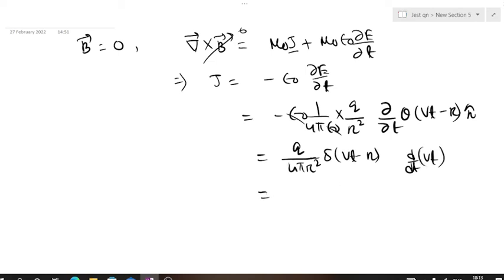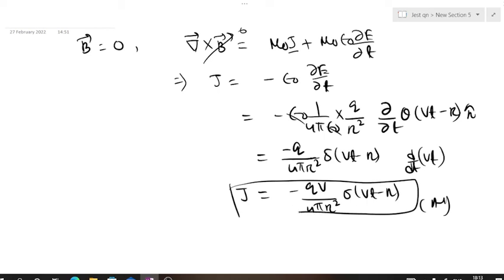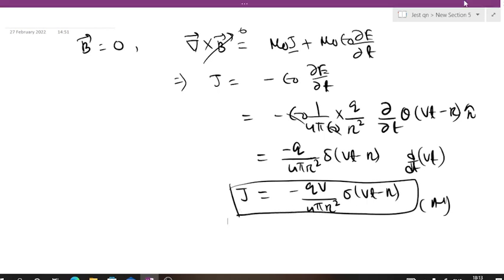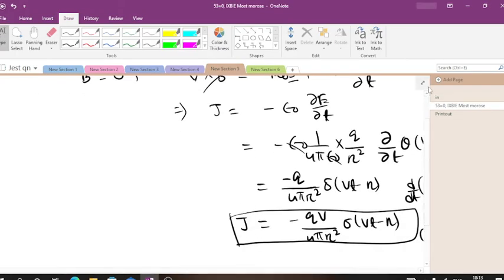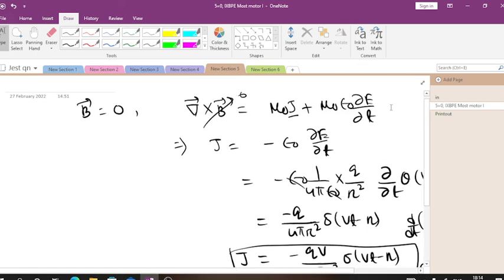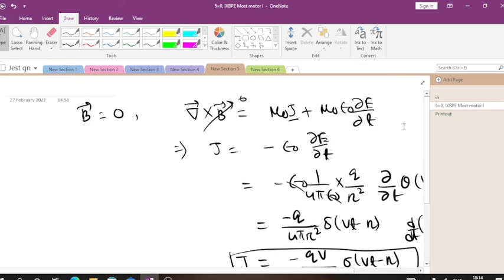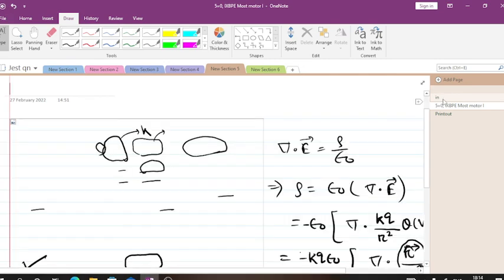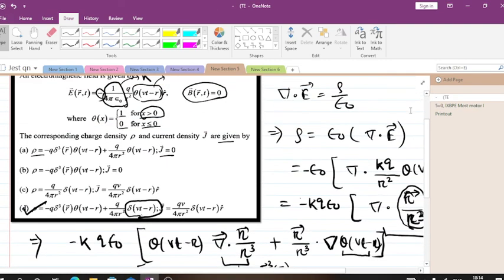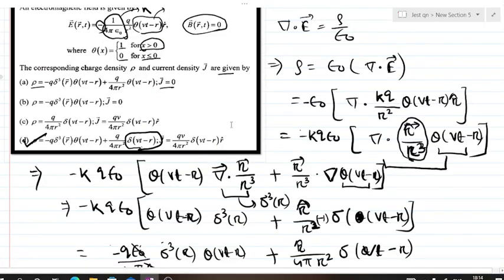So this will be minus Q v divided by 4 pi R squared delta (vt minus r). This is the answer. This is J. Okay, let's check. Okay, this is option D.